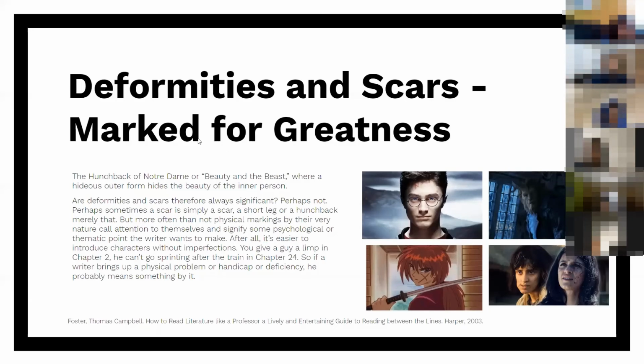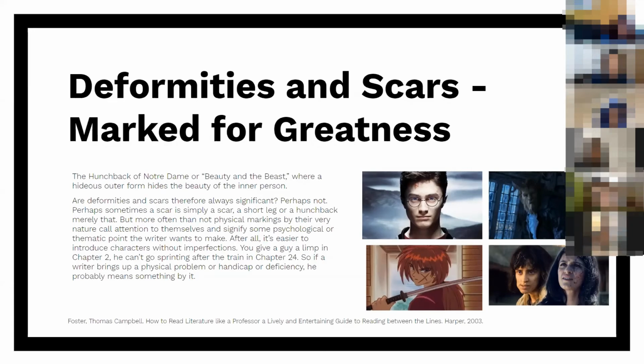All right. So now moving forward with deformities and scars, the section of the book says Hunchback of Notre Dame, or in Beauty and the Beast, we have a hideous character that's ugly on the outside, but has an inner beauty to them. Anytime that we see characters that for some reason have some kind of problem with their outward appearance, that tells us something about that character.